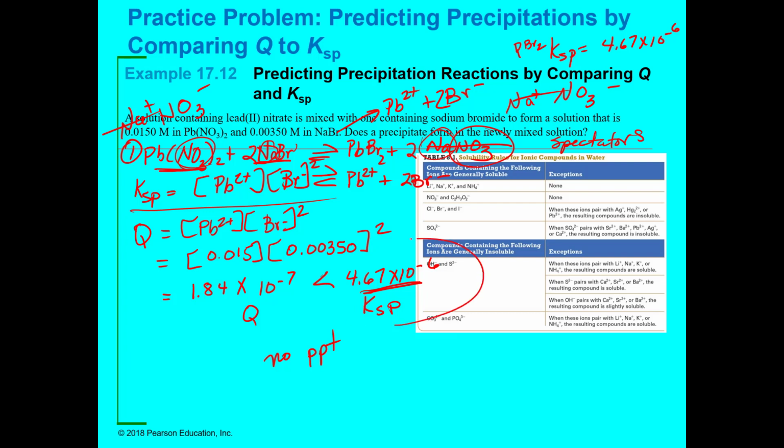It would have to be equal to this to be saturated, and it would still have no precipitate. It has to be above that. Okay? So since Q is less than KSP, then there is no precipitate. If it was higher than that, a precipitate would form.